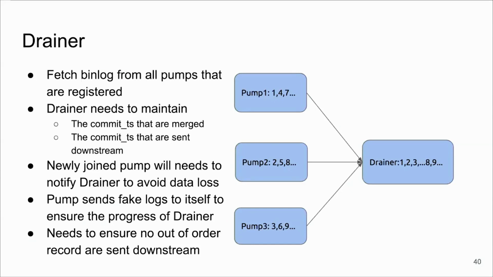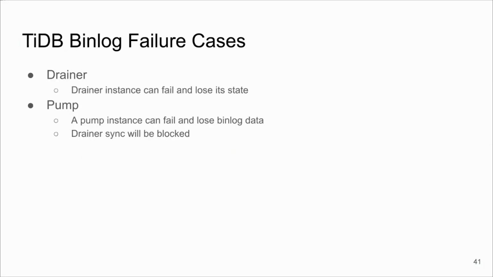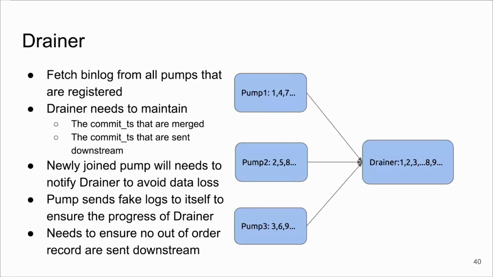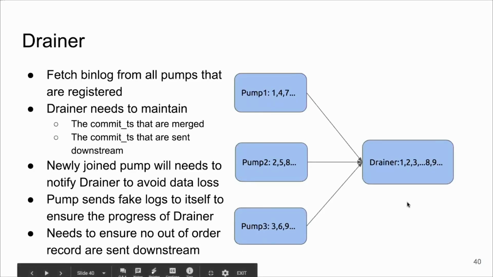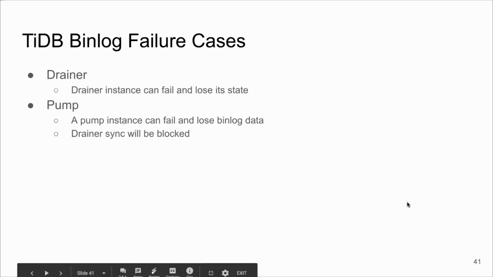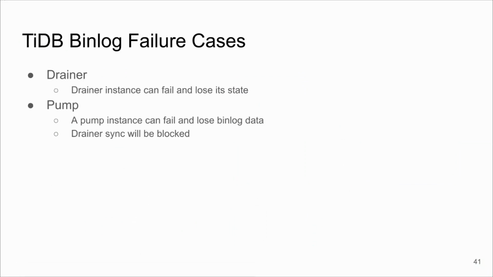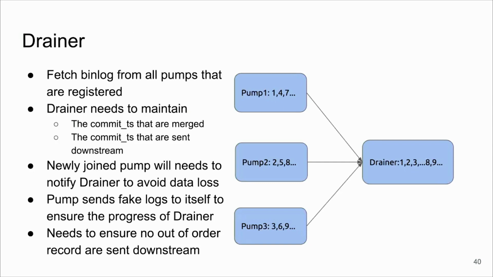I would say this is the hardest kind of stream processing problem, where you can only make progress by making sure that the next available event is there, and you cannot correct the result afterwards. There are a couple of failure cases. The drainer can fail, which means you have to do some manual intervention, and the pump can also fail. In that case, you have to recover manually.